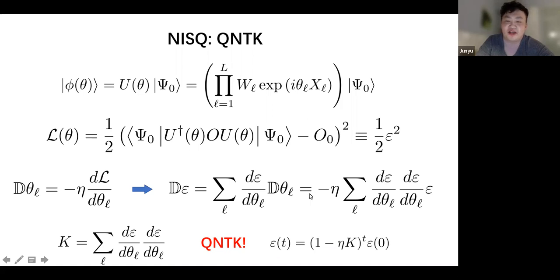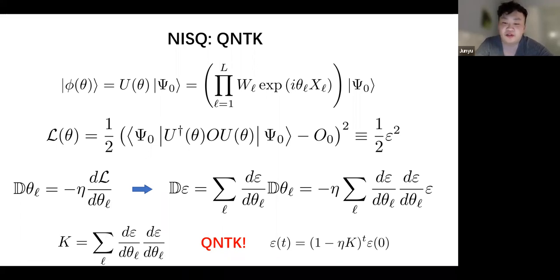And in this case, where it is a finite difference instead of the actual derivatives, we are able to directly get a closed form solution as well, which is also exponential decay, and a few lines of analysis verify it. In the case where K is a constant, the solution is that the loss is 1 minus eta K to the t, times the residual training error epsilon at the beginning.